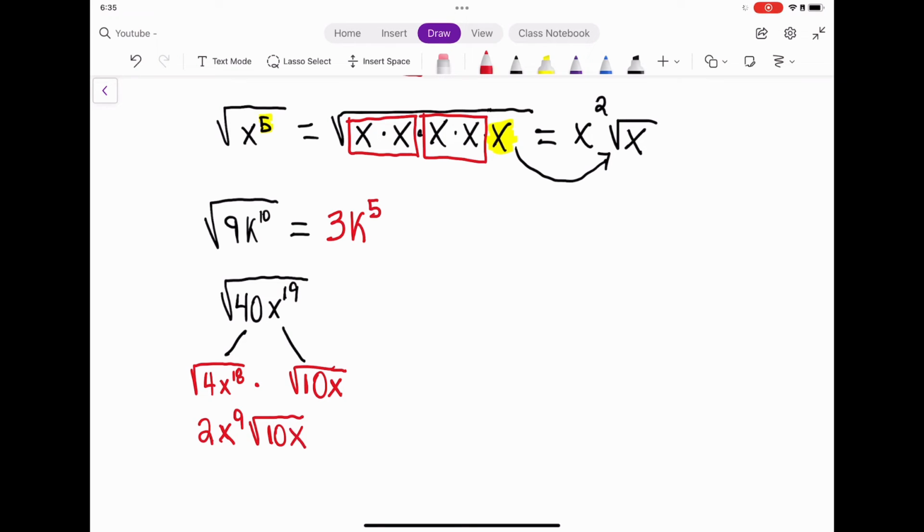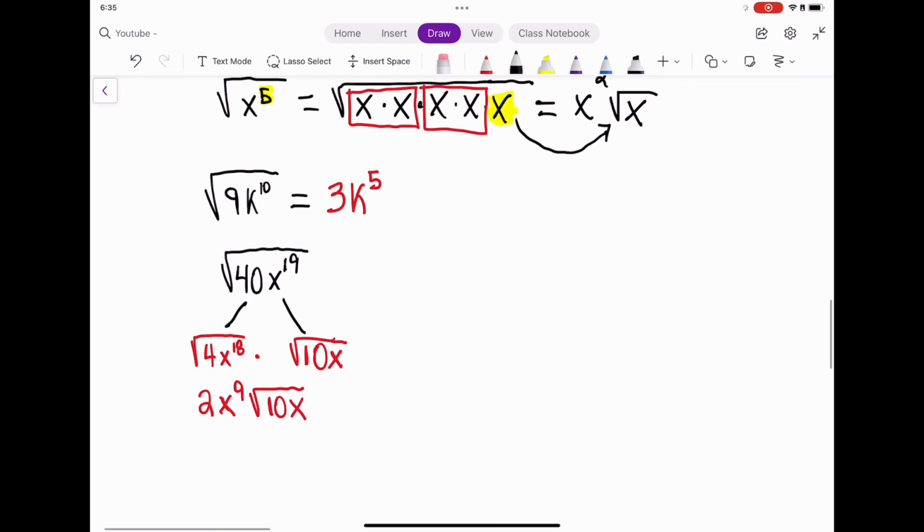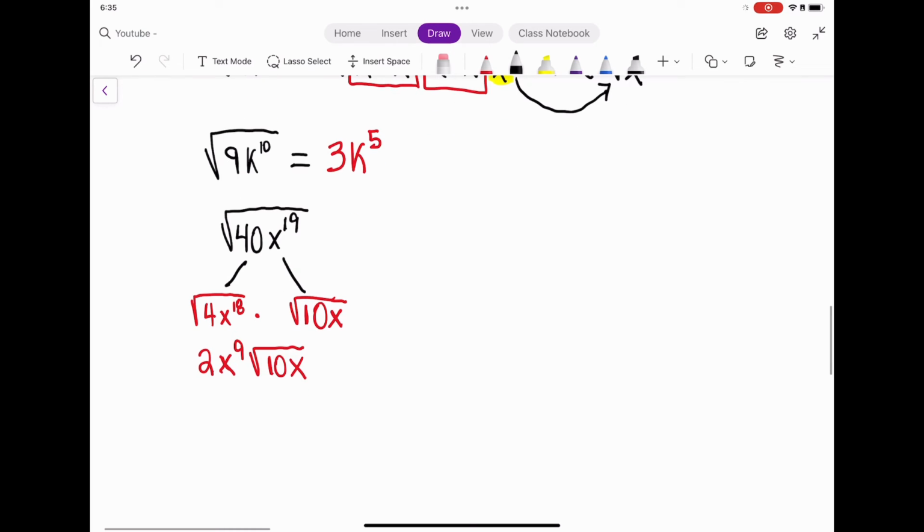All right. So in our next problem, what if we have a problem where there's more than one variable? In our next problem, we have 4 times radical 180xy to the fourth.